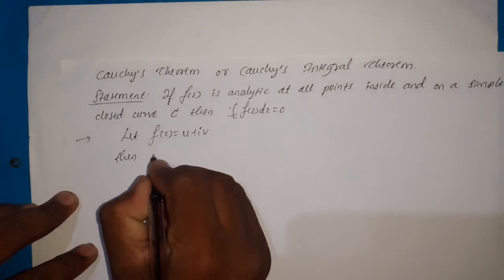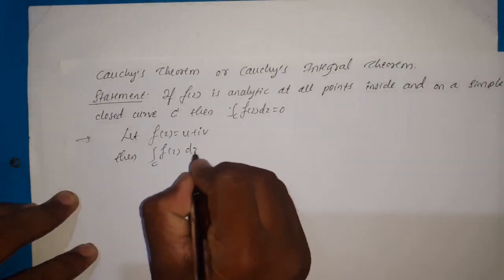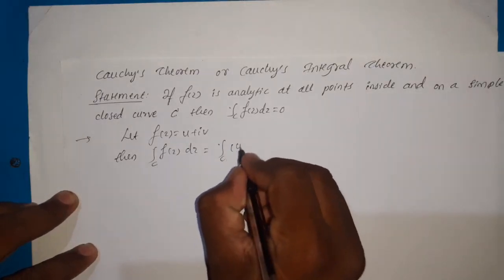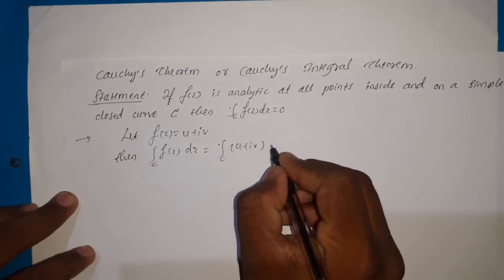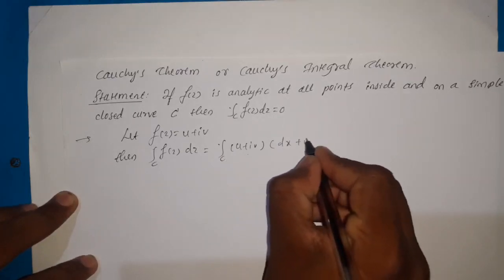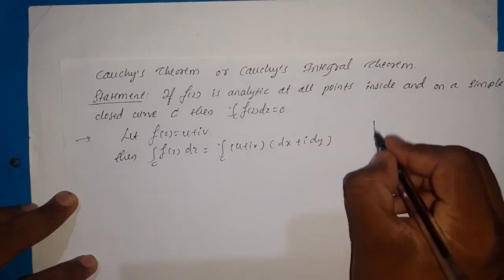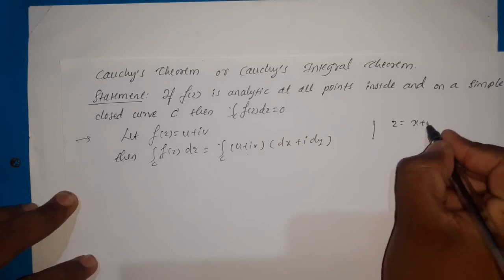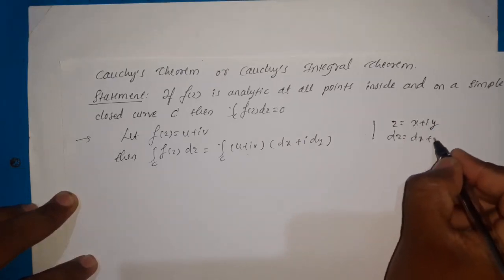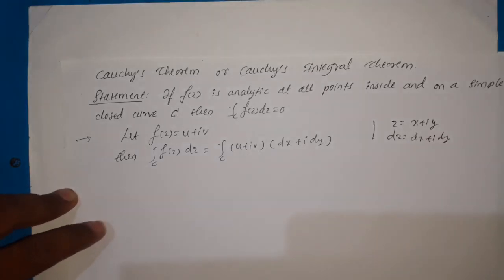Then integration over c f of z dz is equal to integration over c of u plus iv, and dz becomes dx plus i dy, because we know that z equals x plus iy, then dz becomes dx plus i dy.